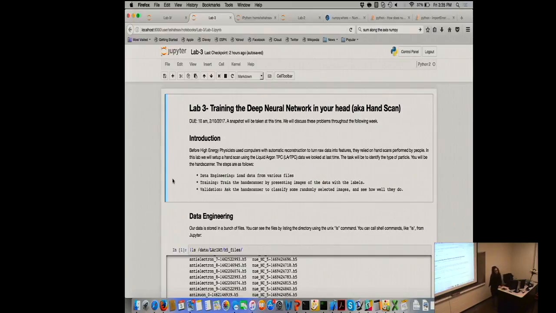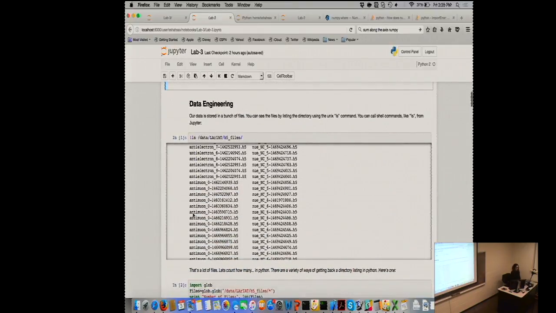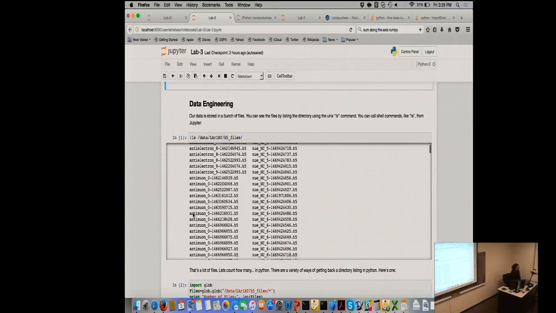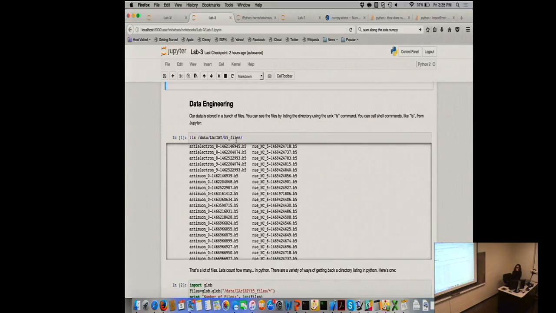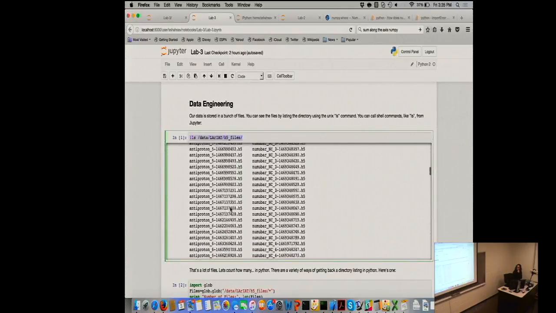As I said, I generated 1 million events of each particle, and we store them in H5 based on what information we need for analyzing the data. So we change it to H5 and put it in this directory. If you try this, you get a huge amount of files.